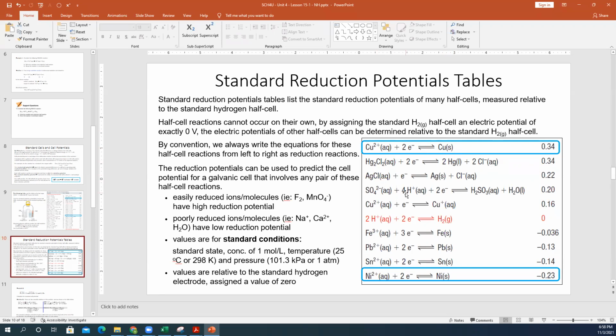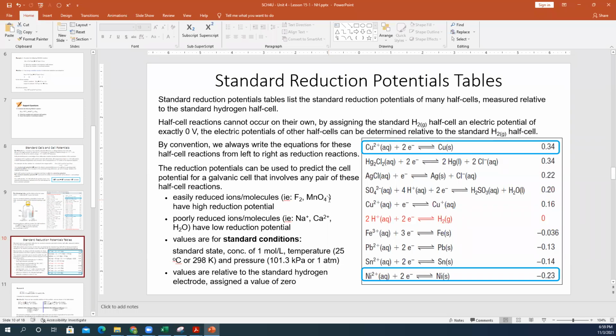And that's the way they're written for all of the metals and all of the molecules. So that's the convention on standard reduction potential tables. And the reduction potentials can then be used as a predictor of the cell potential for a galvanic cell that involves any pair of these half cell reactions.